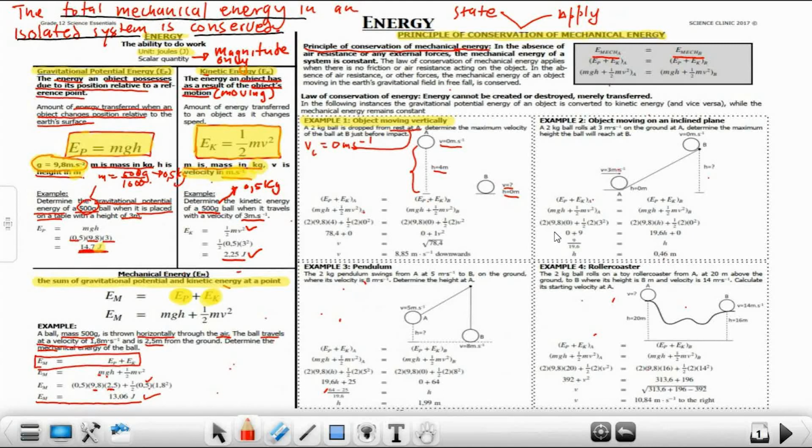Let's look at how we will allocate marks for this. We always start by writing the formula as it is, because it is a principle. We must start by saying EP plus EK at A is equal to EP plus EK at B.